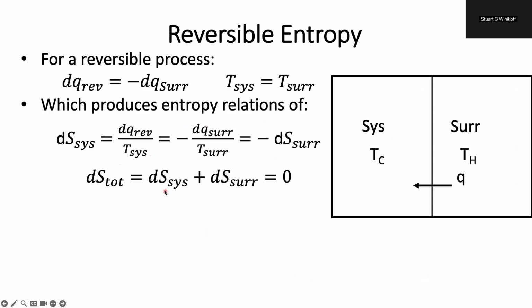If we plug this in, then if I add together the system and the surroundings, they're just negatives of each other. That means the total entropy change should be zero. This is also a very good definition of a reversible change. So if a change is spontaneous, that means the total entropy change should be greater than zero.